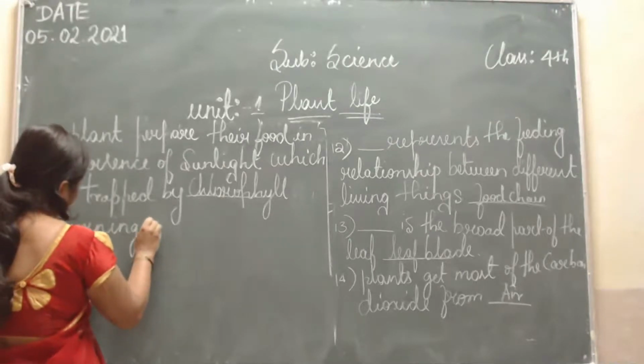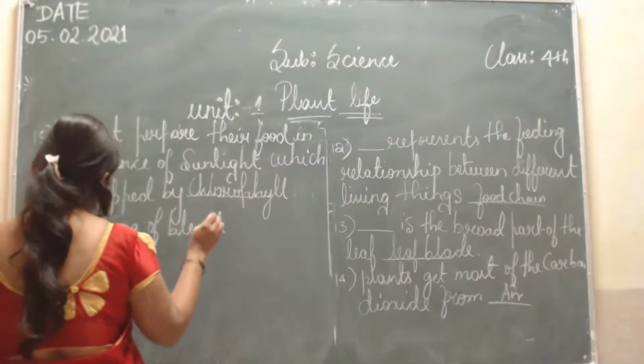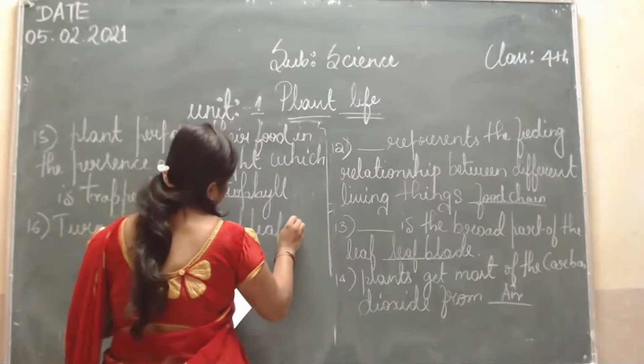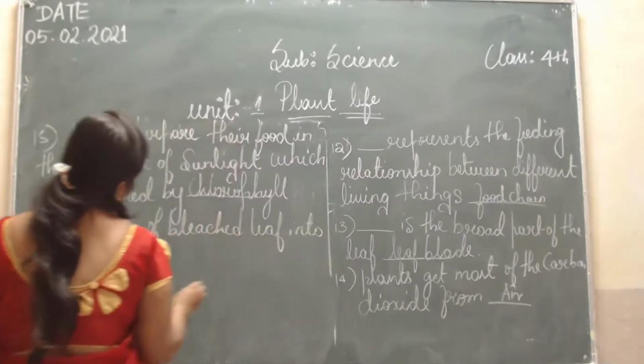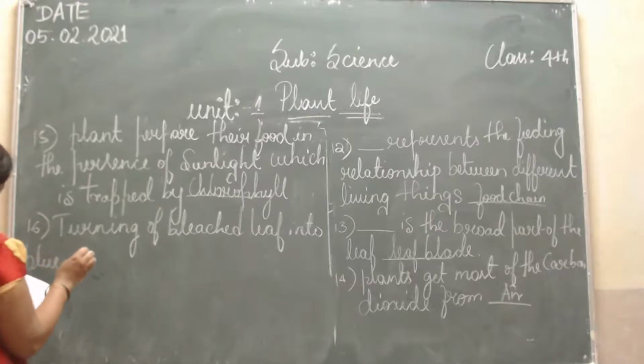A bleached leaf turns into blue black. When it is bleached and tested, it turns into blue black.